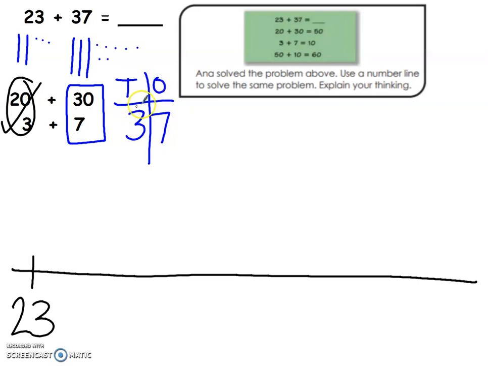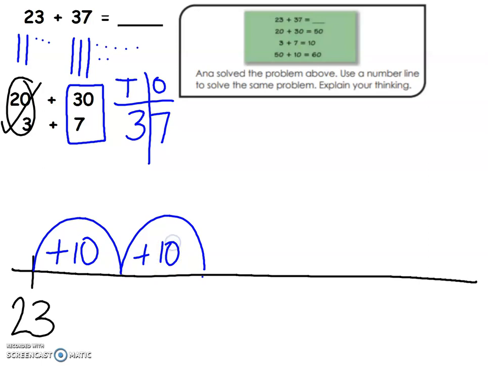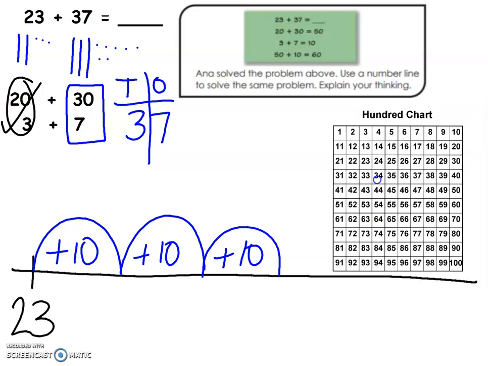You know that you have three groups of 10 and 7 ones. So we're going to start with adding our three groups of 10. So I have one group of 10 here, another group of 10, and another group of 10. I'm actually going to bring my hundreds chart over, if this is helpful to you. So we know that we're going to start at 23 and we're going to add 10, 20, 30 to it.